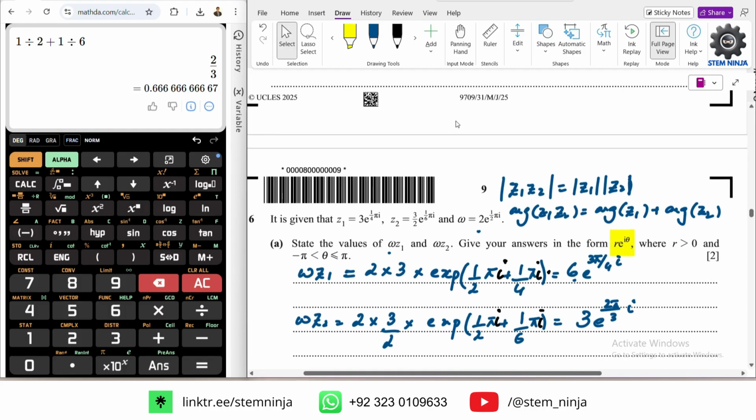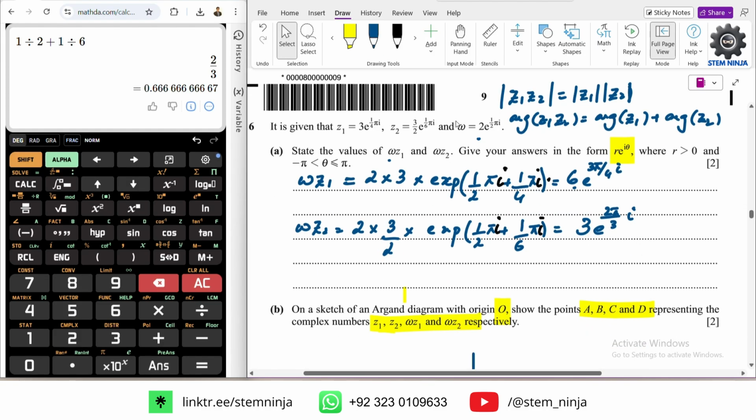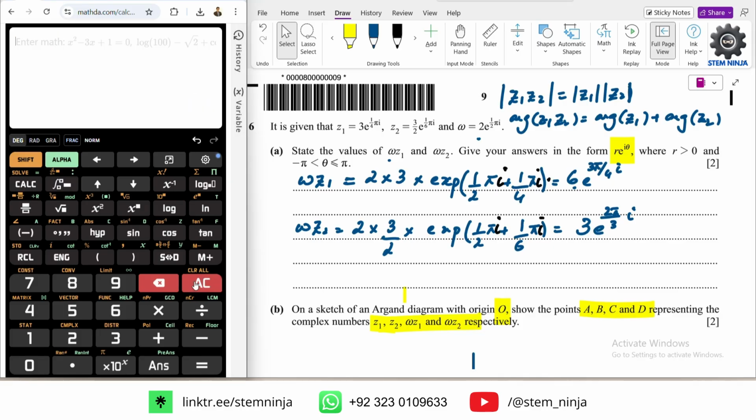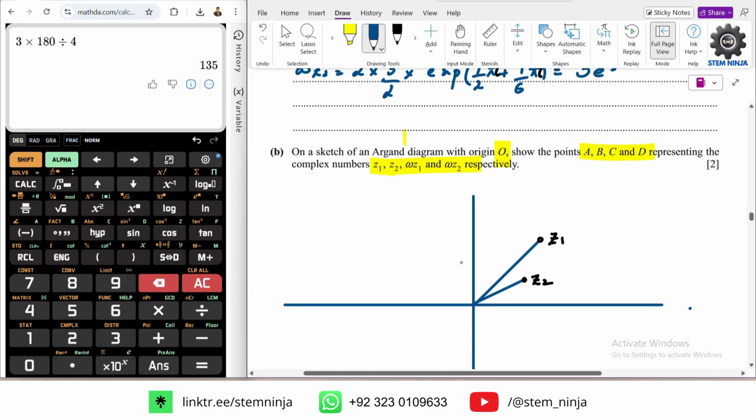When we multiply with omega, we get 6, 3 pi by 4. Now 3 pi by 4, we can simply calculate 3 times 180 divided by 4. This is 135. So 135 is right over here and double the length. This is omega z1.